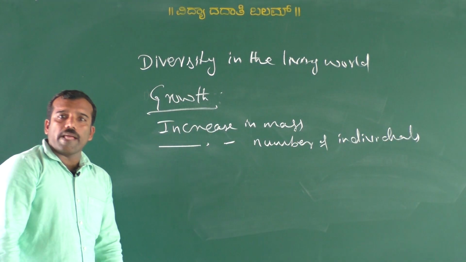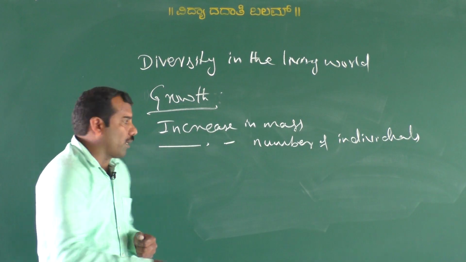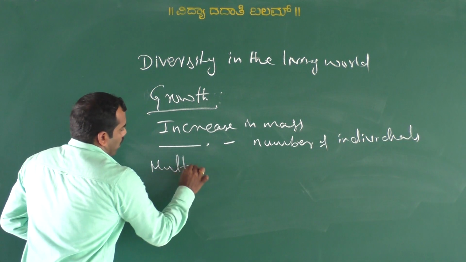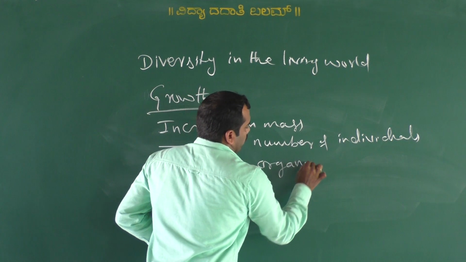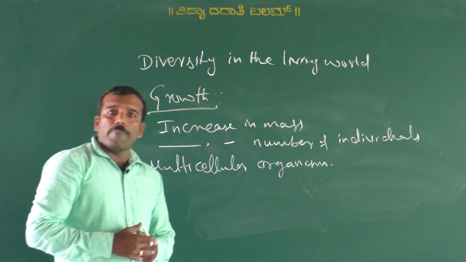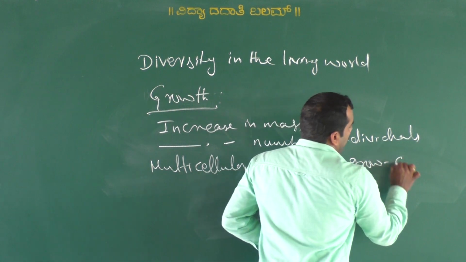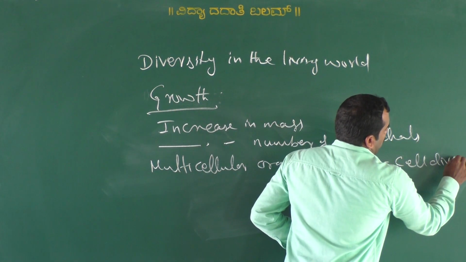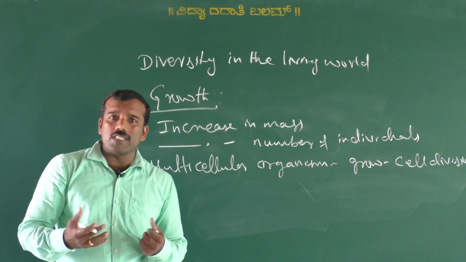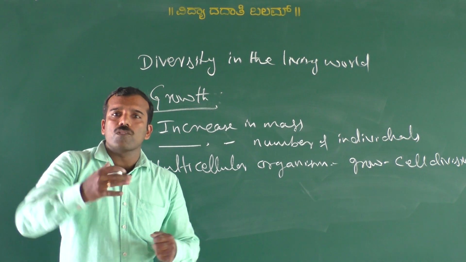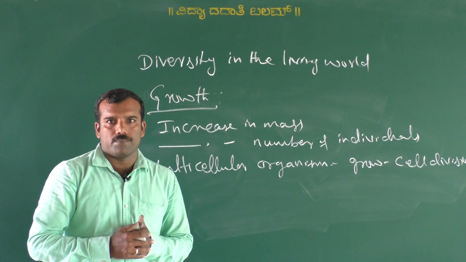These are the twin characters of growth. So multicellular organisms grow by cell division. When cell divides, that produces new cells. The new cells are added, and the height and mass of the organism increase.